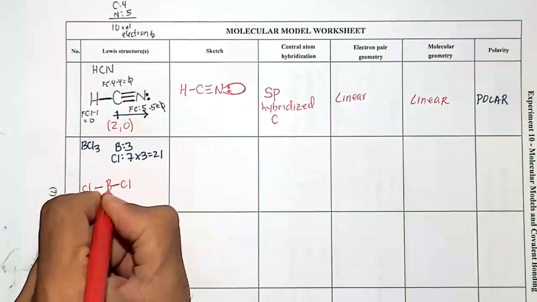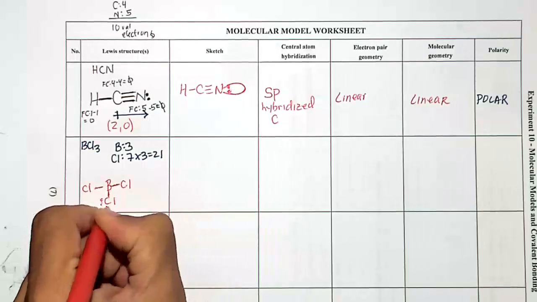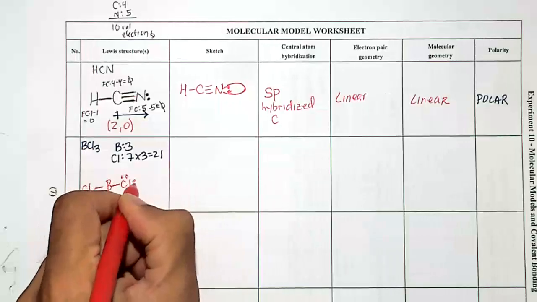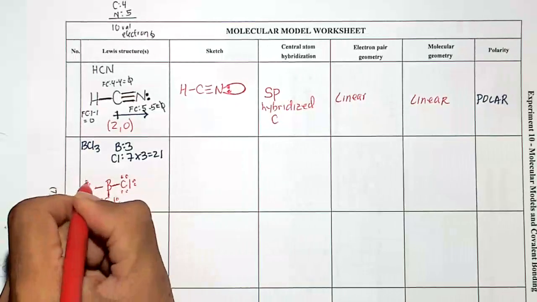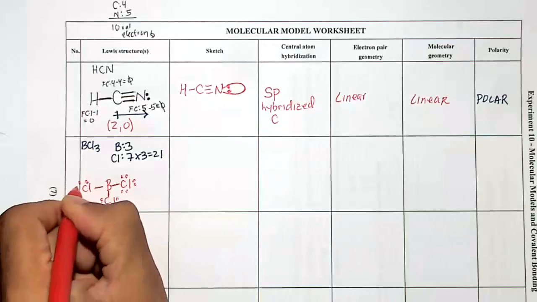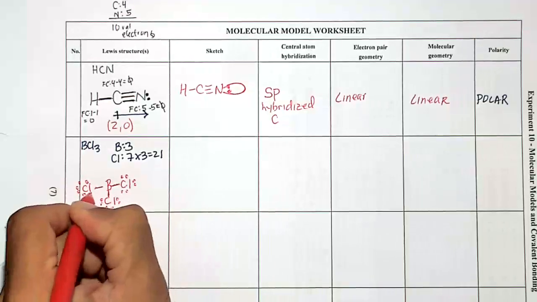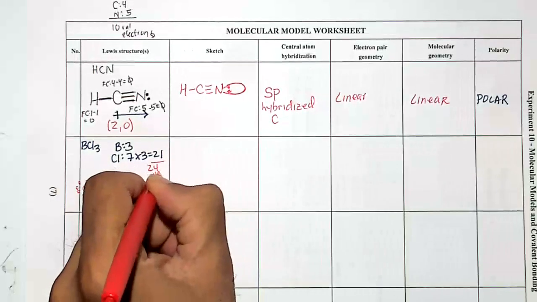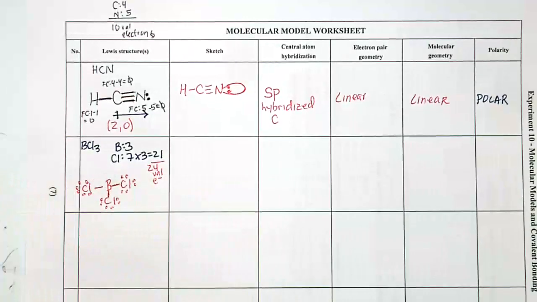So 1, 2, 3, 4, 5, 6, 7, 8, 9, 10, 11, 12, 13, 14, 15, 16, 17, 18, 19, 20, 21, 22, 23, 24. Okay, 24 total valence electrons. Okay, so BCl3.